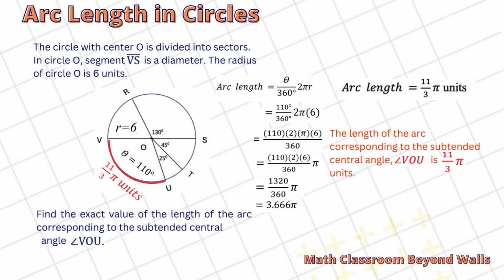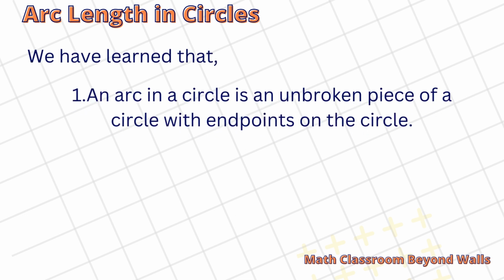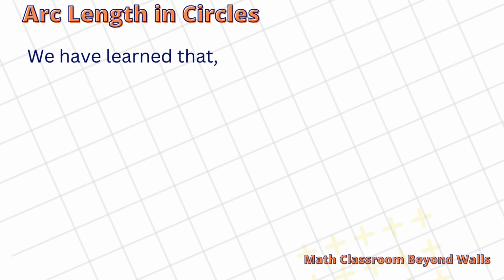There you are, learners. Let us summarize what we have learned in this video. We have learned that, first, an arc in a circle is an unbroken piece of a circle with endpoints on the circle.